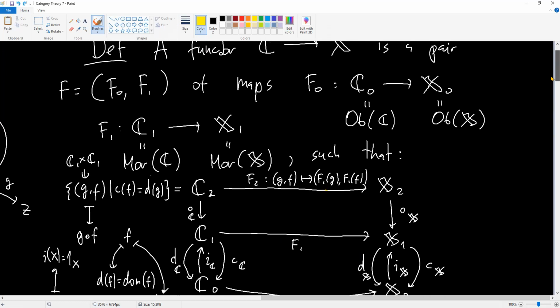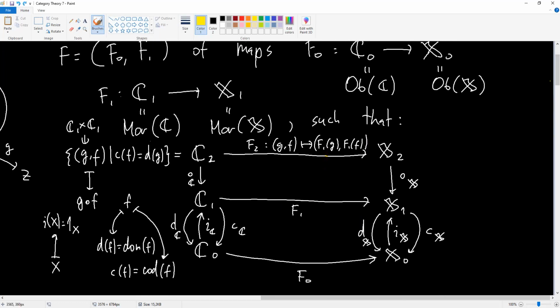So when I said here is a pair such that, now I'm going to write the conditions as equations, separate from these pictures, which explain the notation in those equations.